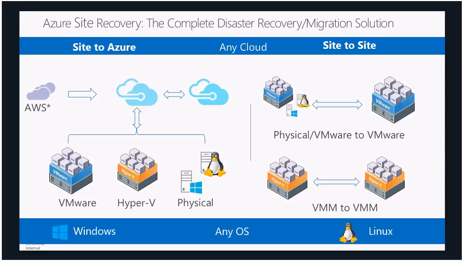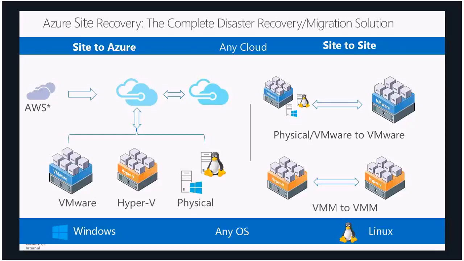So with Azure Site Recovery, it really is a complete disaster recovery solution. Not only does it support these multiple types of environments, Hyper-V, VMware, and physical infrastructure, it supports Windows and a lot of Linux OSs that continue to be added to and grown. But in fact, it even works with other cloud providers like AWS.